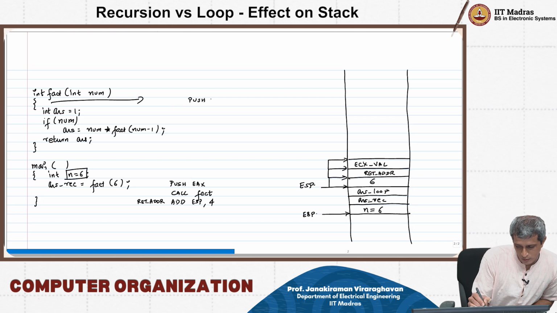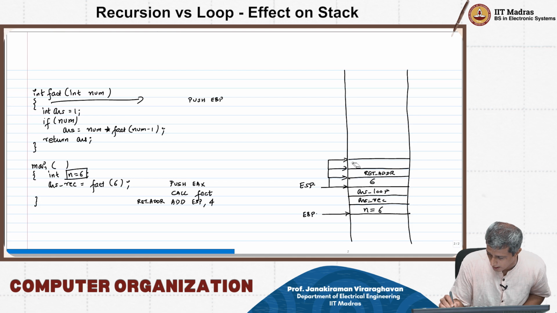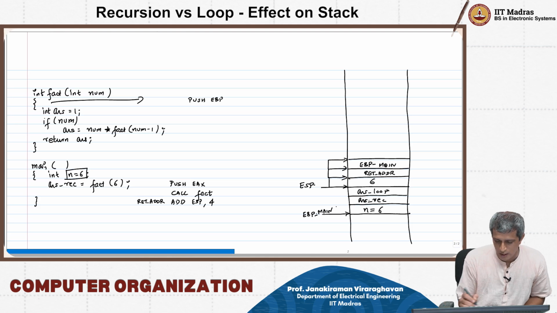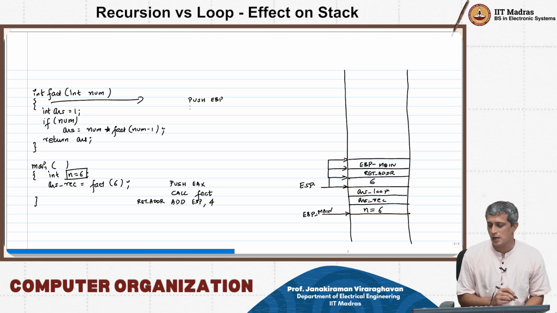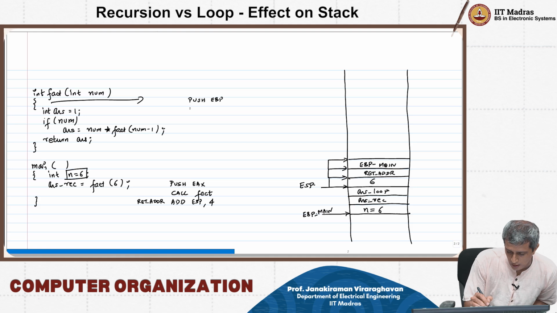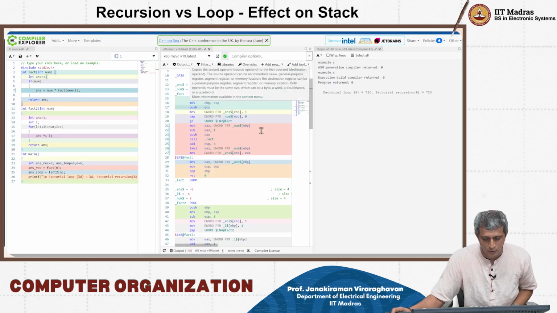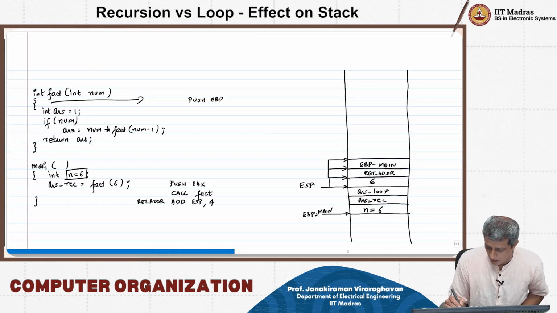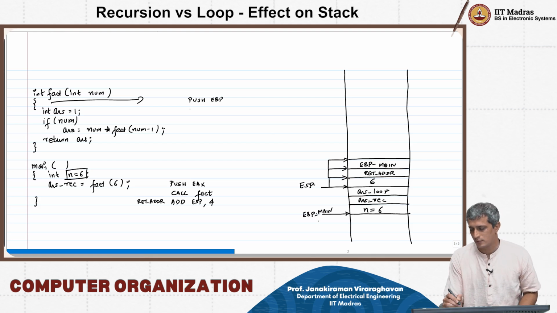The prologue is push EBP, sorry, so you will first push EBP onto stack. So the EBP of main will get onto stack. So this is EBP main, right, then normally I would have done move EBP, ESP.